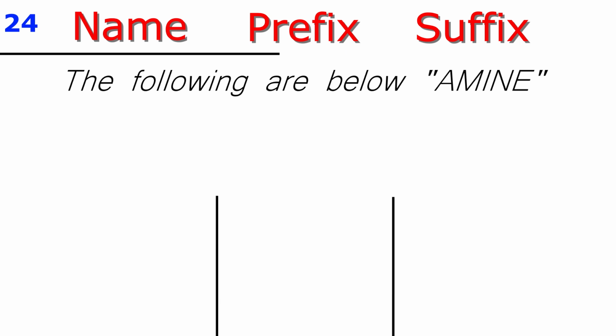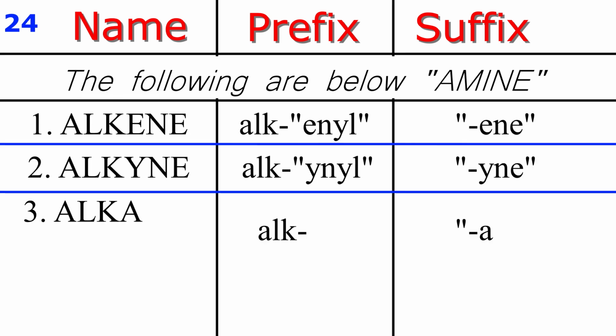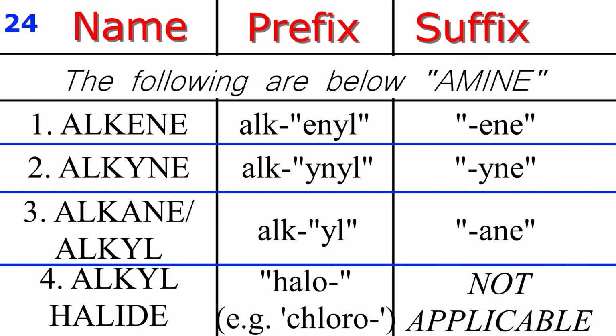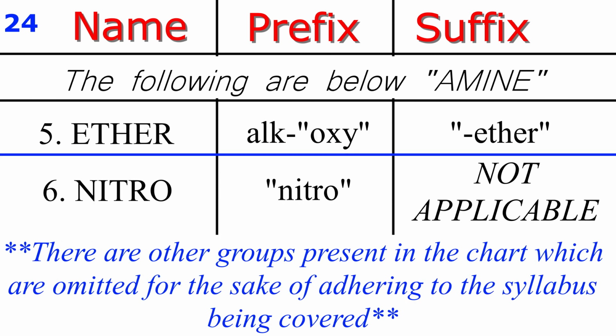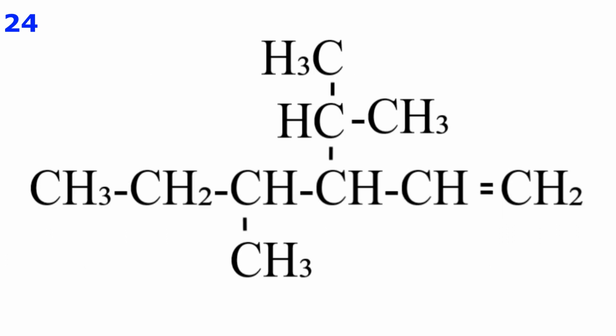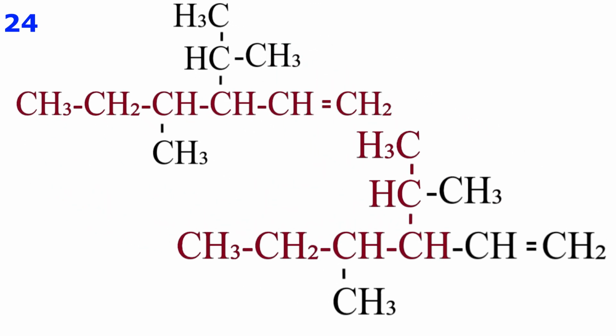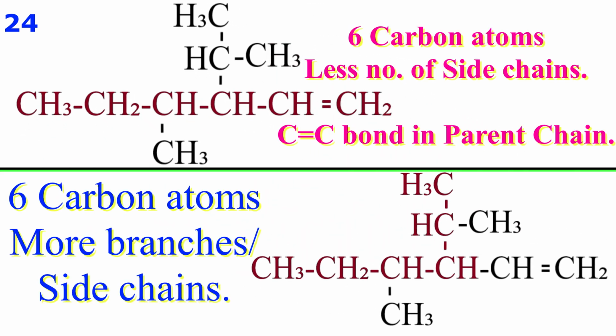Okay, the double bonds and the triple bonds have more priority than the alkyl side chains and some other substituents like halo, nitro, alkoxy, etc. Hence, whenever there are 2 or more chains with equal number of carbons, the chain that contains a double or triple bond is to be selected as the parent chain, irrespective of other chain containing more number of substituents.